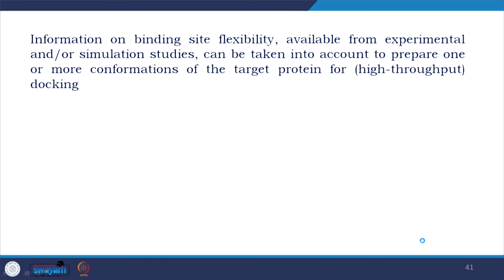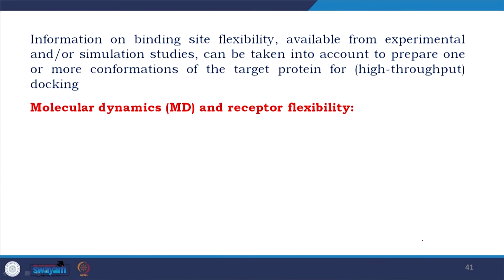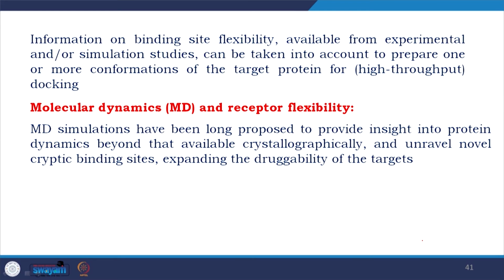So, yes, you cannot model all possible conformations, but you try to get more structures, and if you get multiple conformations, you include both of them in the docking ensemble, and in that case molecular dynamics helps getting receptor flexibility.